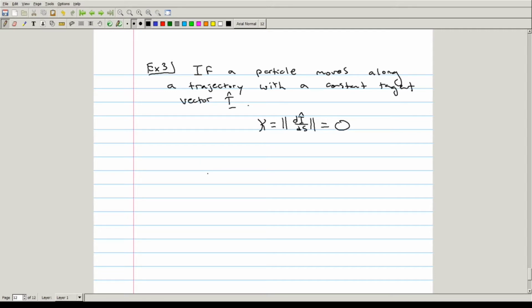So in which case the acceleration vector reduces to just the tangential acceleration vector, because the normal acceleration vector is 0. And because the curvature is 0, that means that the normal acceleration vector is 0.